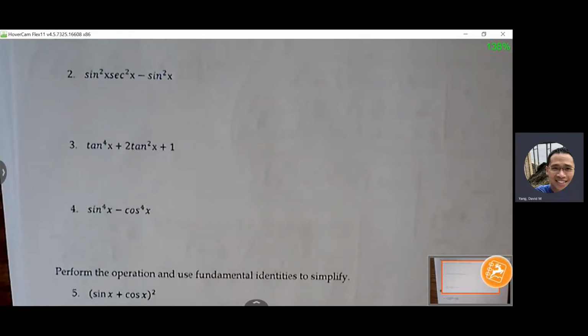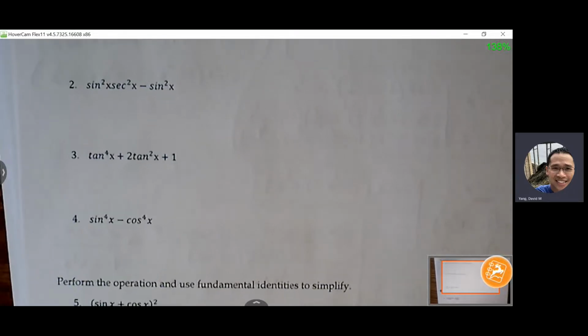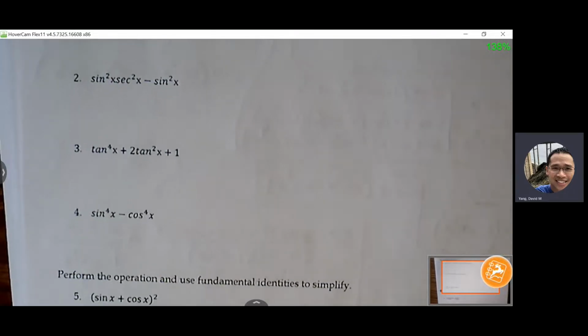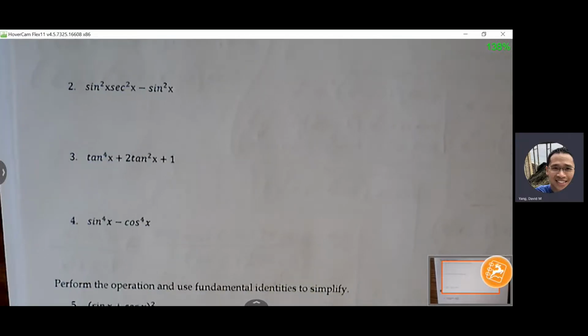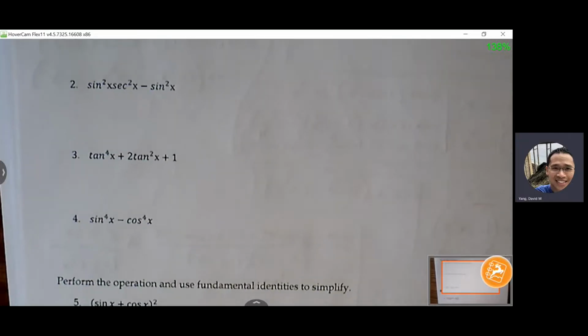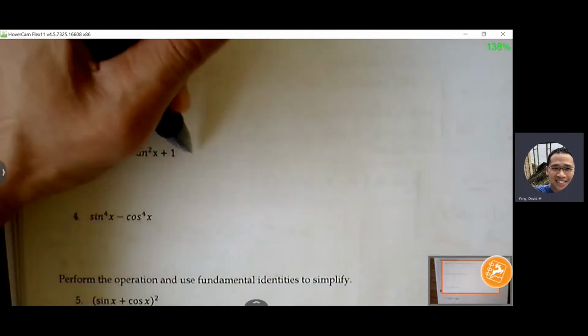Okay, on to page 12. You guys try 1 through 4. I feel like these are pretty straightforward. So try 1 through 4, and I'll go over them with you. I'll put a hint for number 3. Number 3 is a factoring problem, but just think about this.